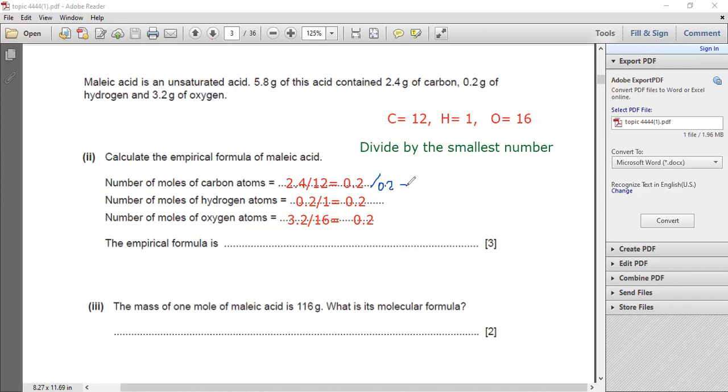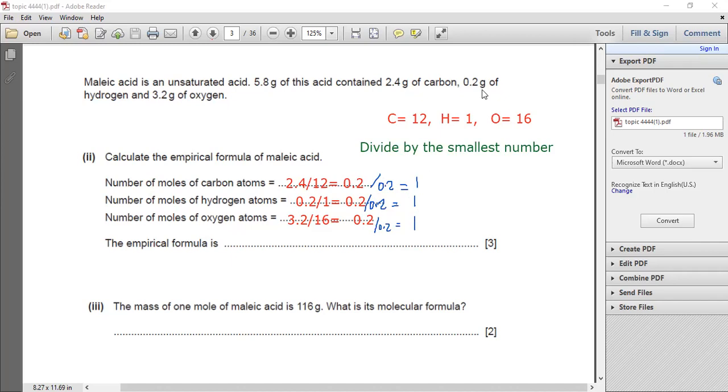It will be 1. Even here, divide by 0.2. It will be 1 as well. Here, divide by 0.2. It will be 1 as well.